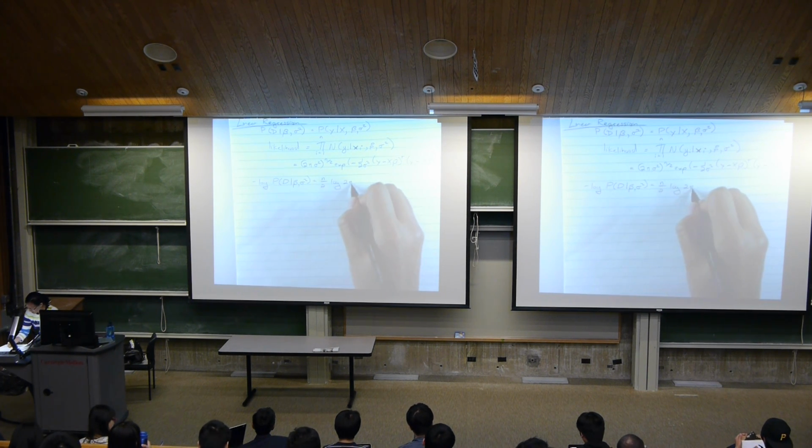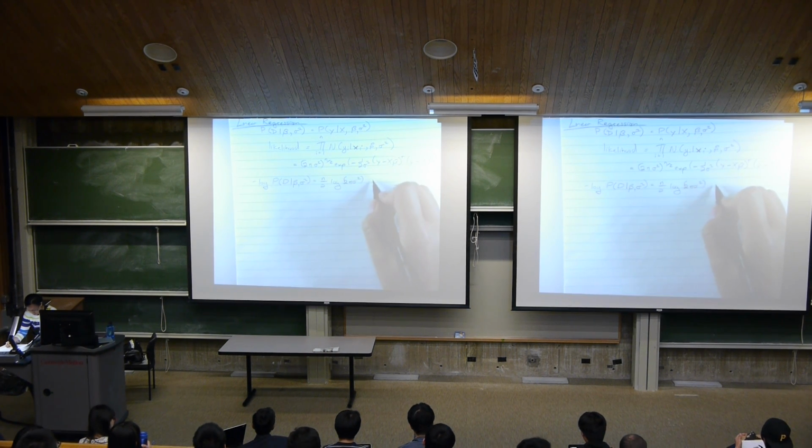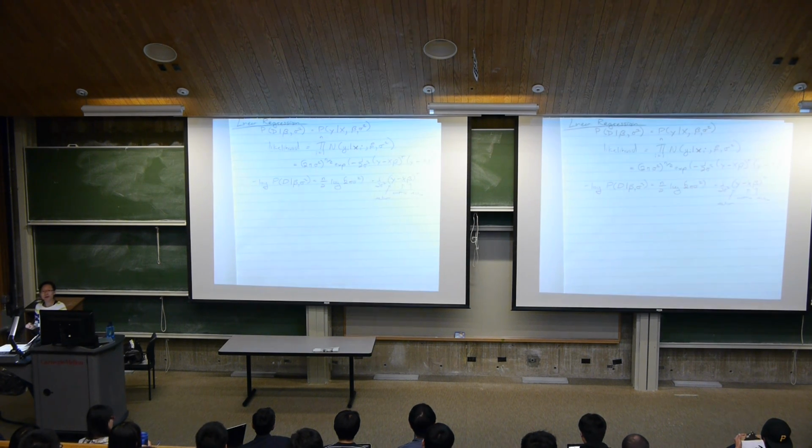And it's going to look like this. Okay, so here this is a matrix. This is a vector. And this is a vector. So the D is the data.